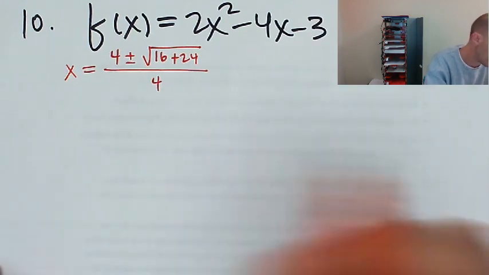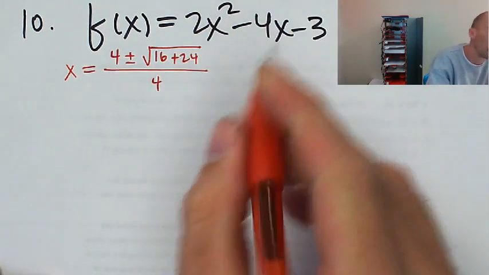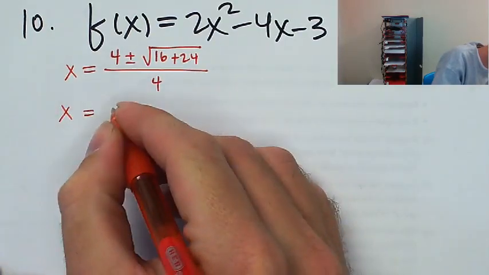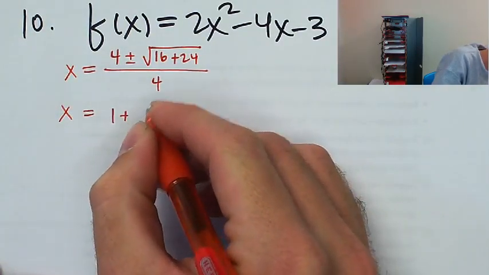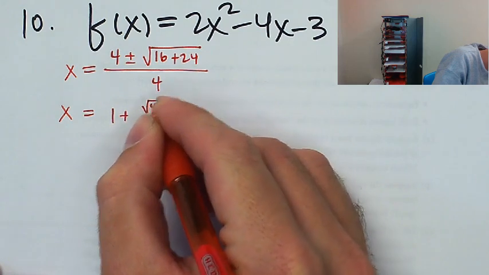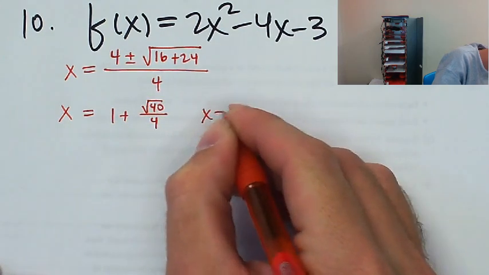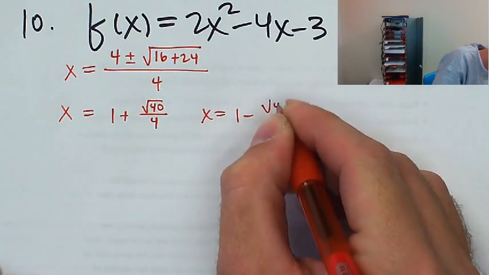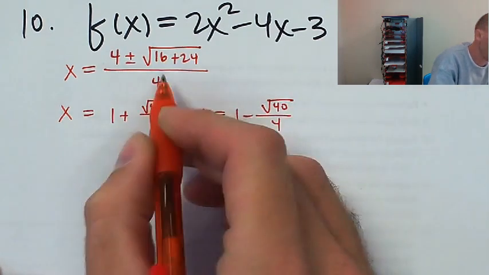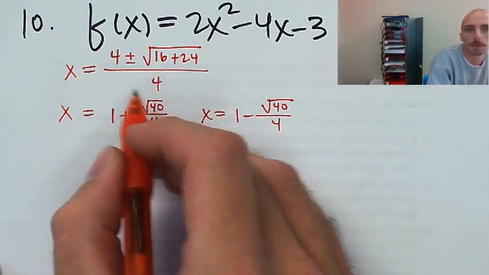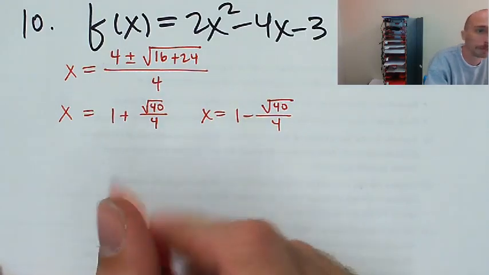4 wouldn't divide it. So I'm not going to simplify, except to say x equals 1 plus root 40 over 4, and x equals 1 minus root 40 over 4. Right, because we could multiply each of these things by 1/4 when we're dividing their total by 4.